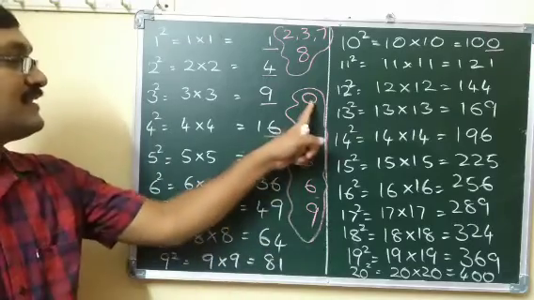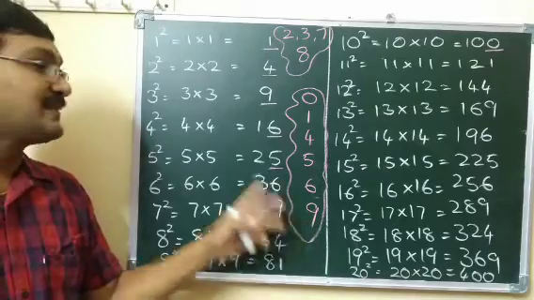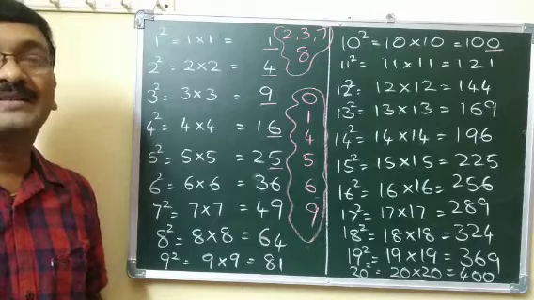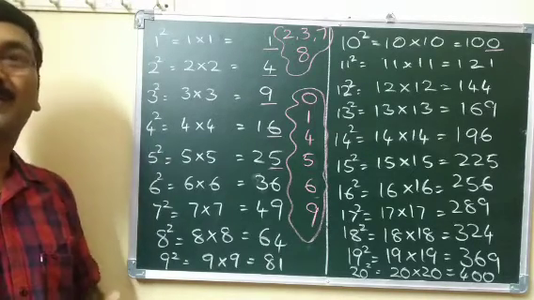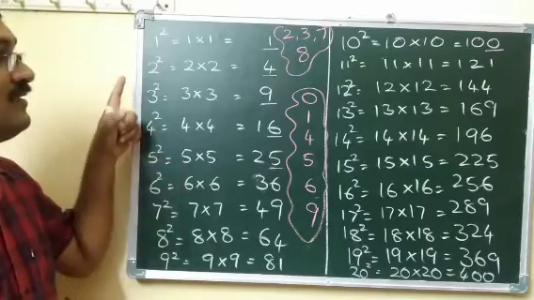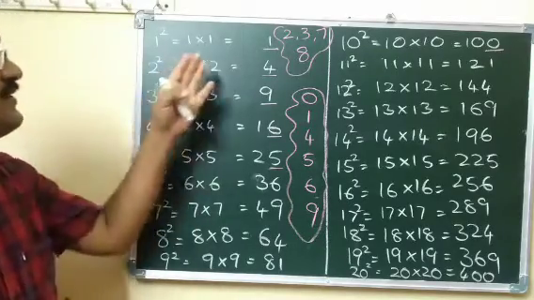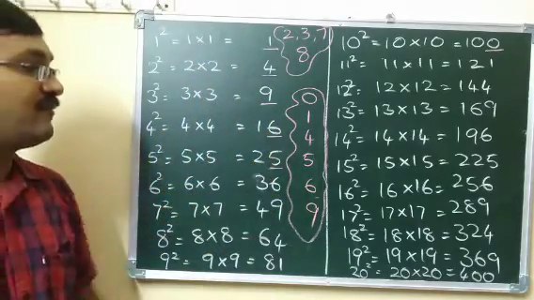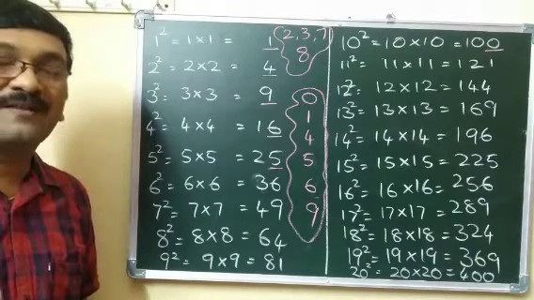If the unit digit is 0, 1, 4, 5, 6 or 9, probably, if they have given it accurately, then we can say it's a perfect square. Can I repeat? Once you see only the unit digits, 0, 1, 4, 5, 6, 9, these digits will come for a perfect square.